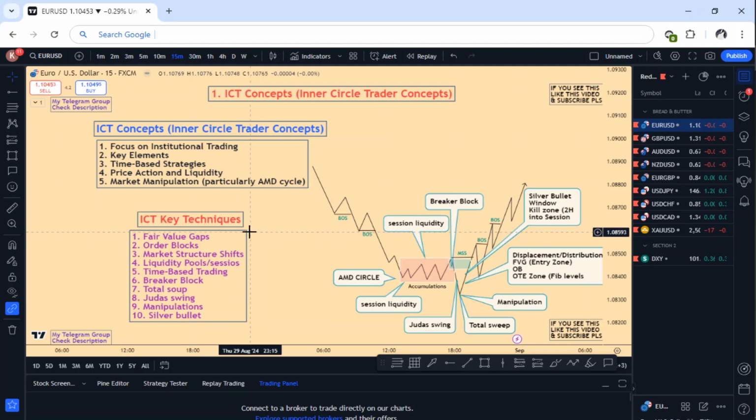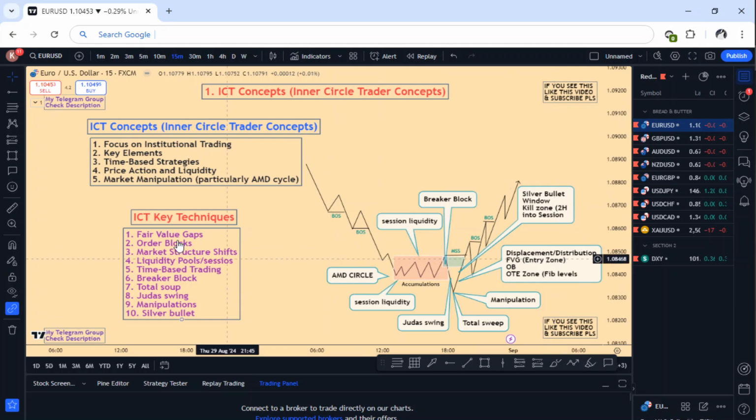So generally they call it sell and buy side liquidities. So ICT traders use these areas to identify where to enter or exit the trade, as is detailed somewhere around here.